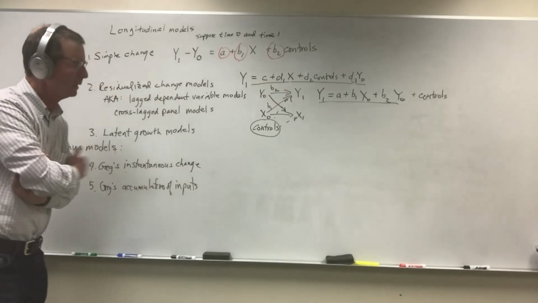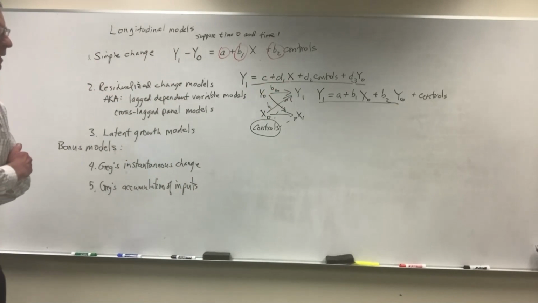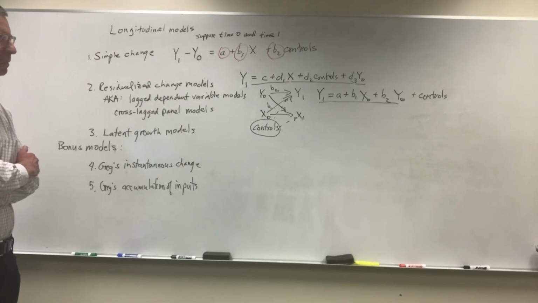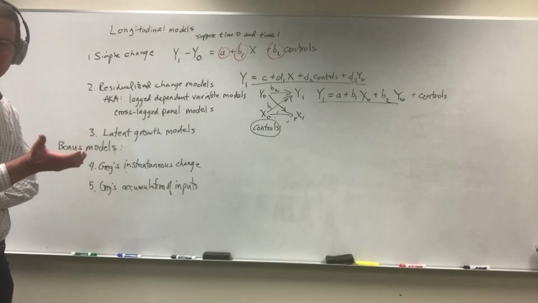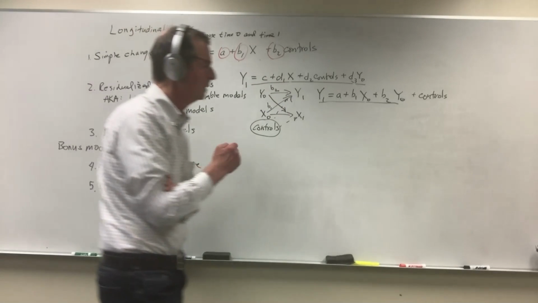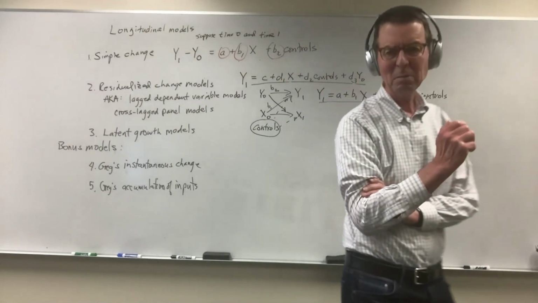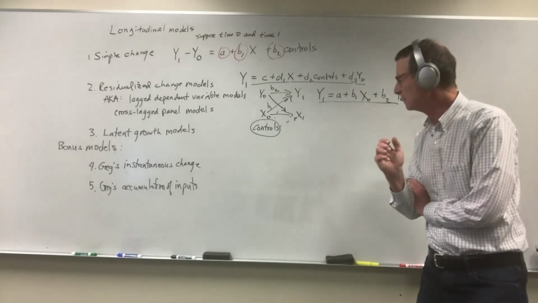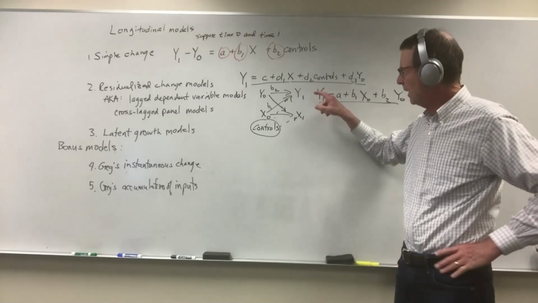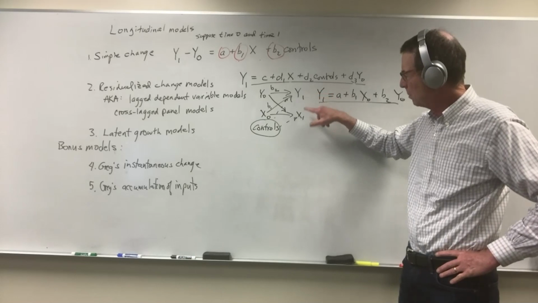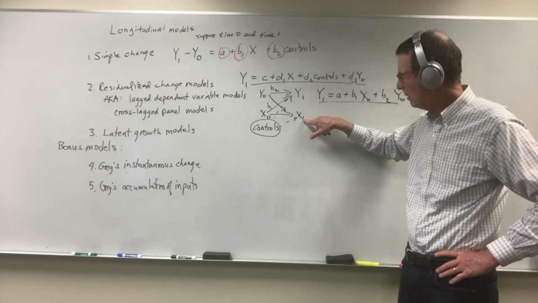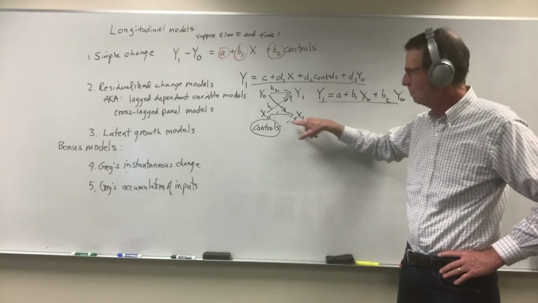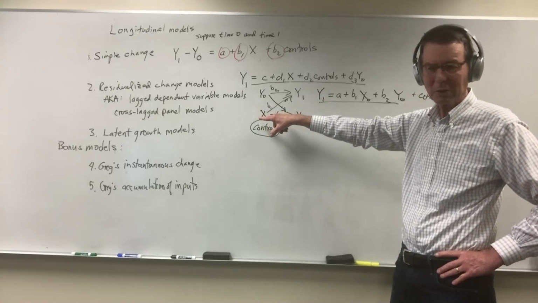But people really want to try to approximate causal models whenever they can. And for good reason, people are a little bit leery of saying Y1 is a kind of instantaneous product of X1. Past X's are okay.